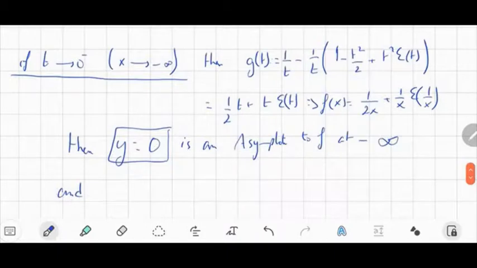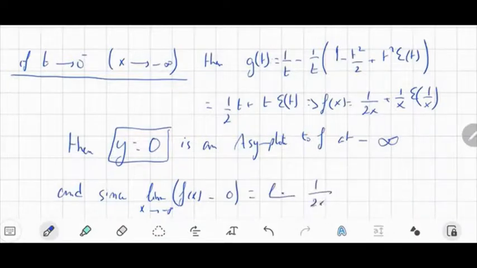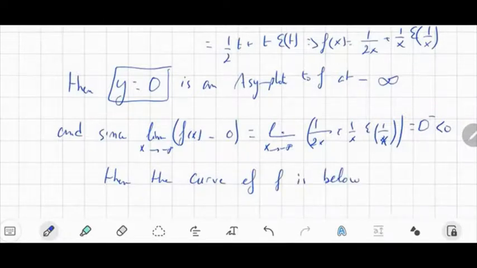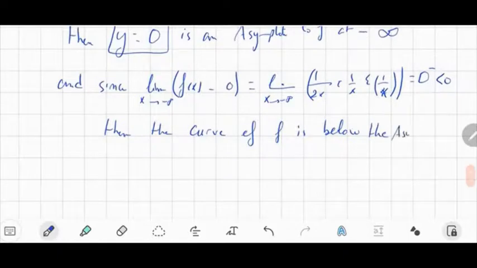And since the limit of f of x minus 0, when x tends to minus infinity, is equal to the limit of 1 over 2x plus 1 over x epsilon of 1 over x, this being 0 minus, negative, it means that the curve of f is below the asymptote y equals 0, of course at minus infinity.